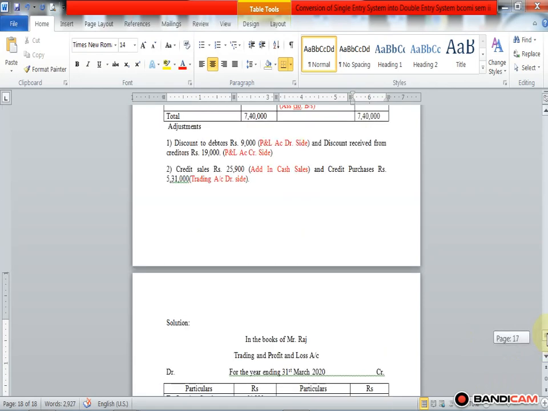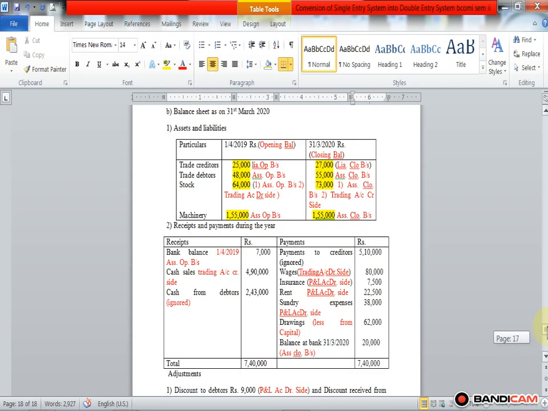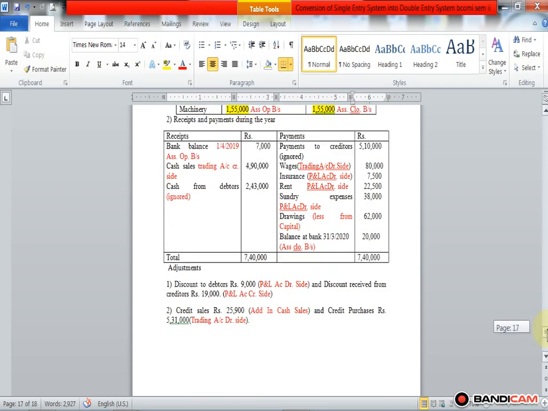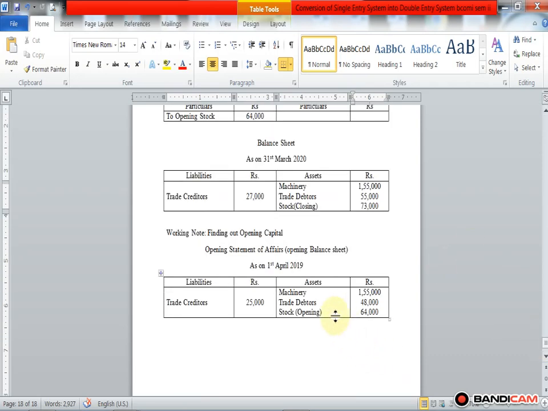So we transfer all the opening and closing balances to the respective accounts, meaning the opening balance is transferred to opening assets and the closing balance to the closing balance sheet. Then we transfer the receipt and payment account items to the respective accounts. Bank balance: the opening bank balance 7,000 is a current asset, transferred to the opening balance sheet.